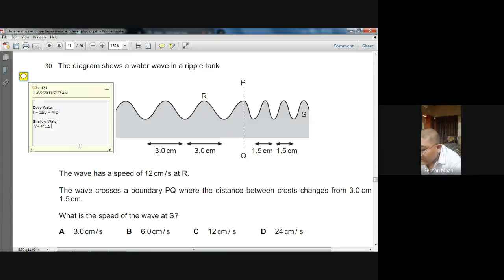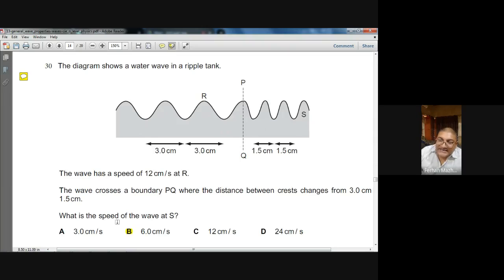So when you multiply 4 with 1.5, the answer will be 6 centimeter per second. So the right choice will be B, 6 centimeter per second. I hope you have understood this.